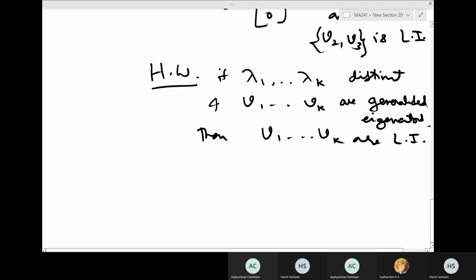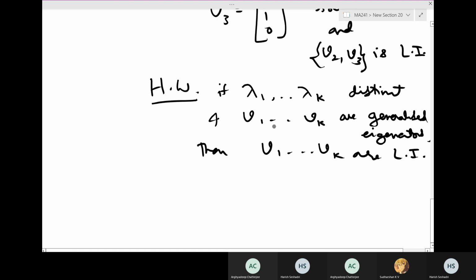What you said is okay, but here I'm not even assuming any of them is an actual genuine eigenvector. All of them are generalized eigenvectors, which includes the case of actual eigenvectors, since the generalized ones have those as a subset.